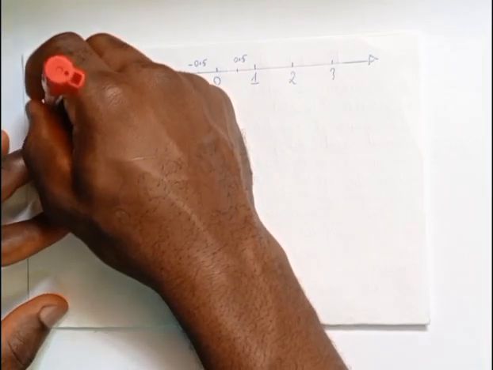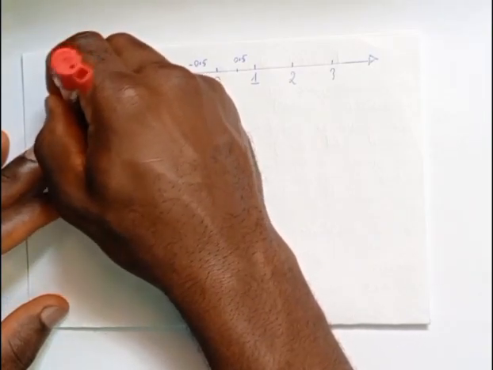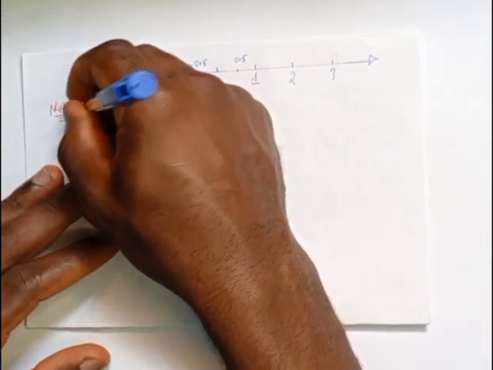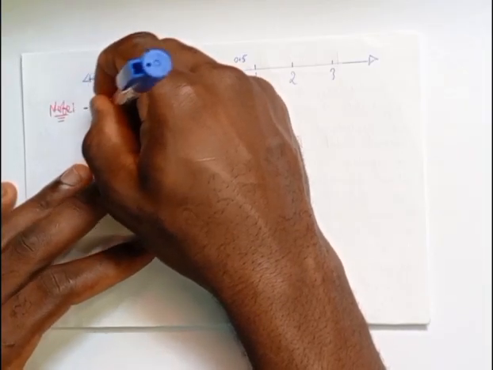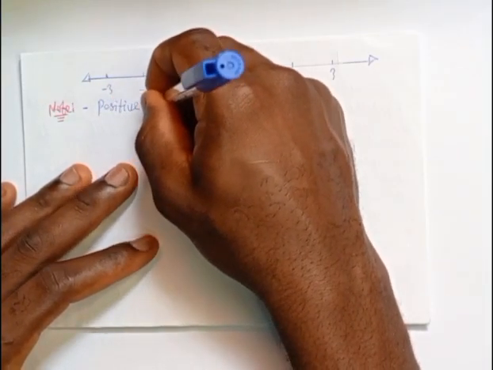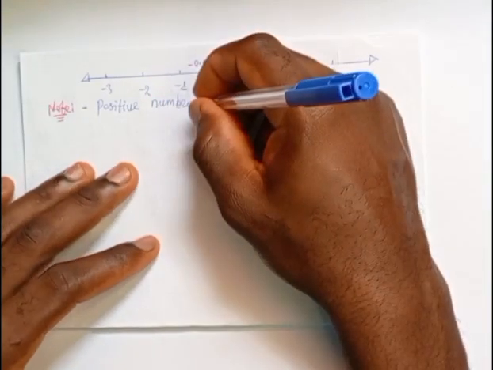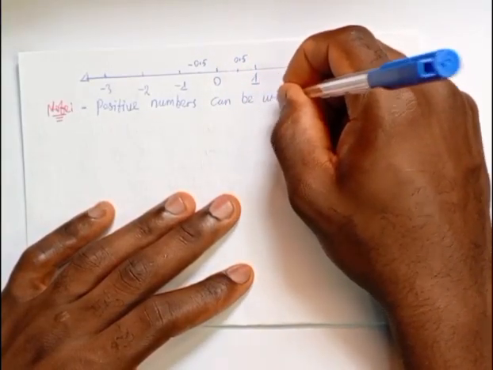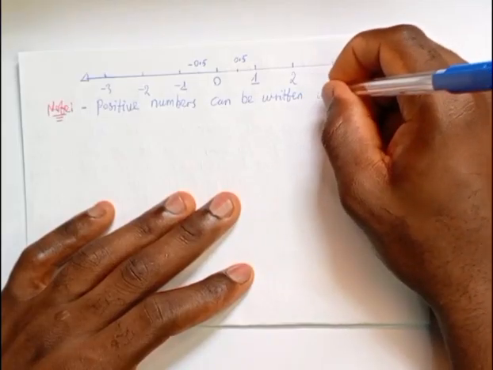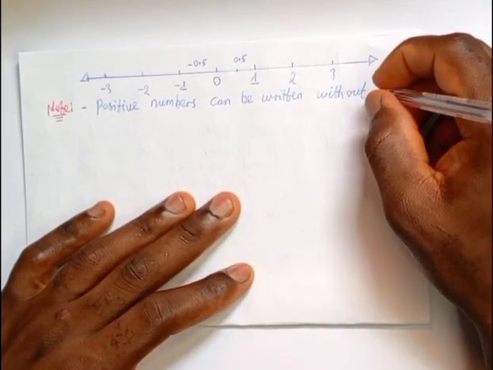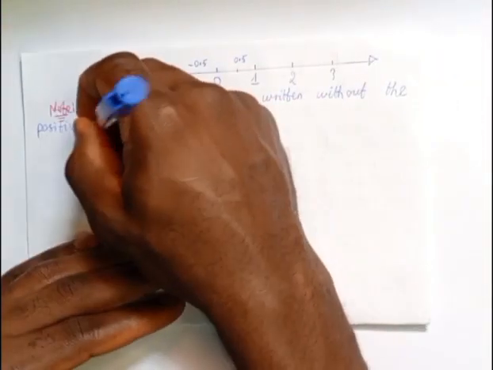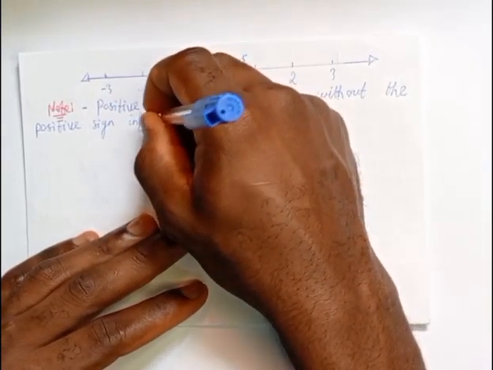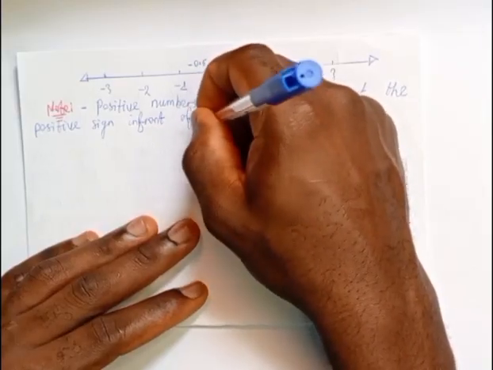Let's note this down. Note. First one. Positive numbers can be written without the positive sign in front of them.